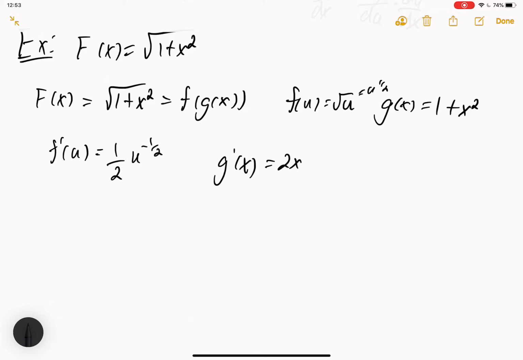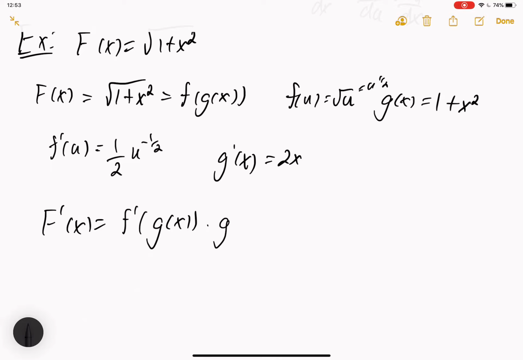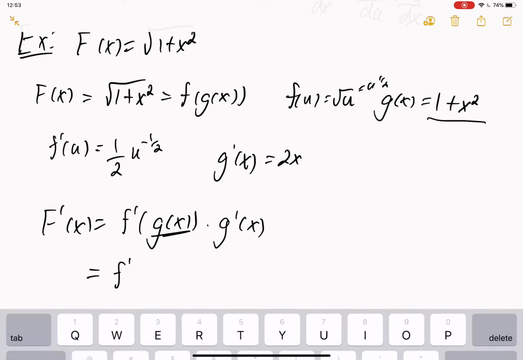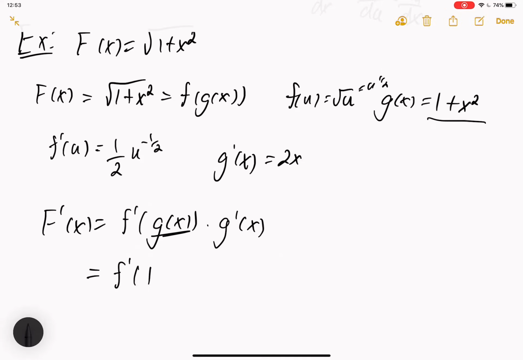And then what we can do here is plug it into the formula. Remember that the formula for f prime of x is f prime of g of x, so f prime evaluated at g of x, times the derivative of g of x. So again, g of x is equal to 1 plus x squared, and the derivative g prime of x is going to equal 2x.